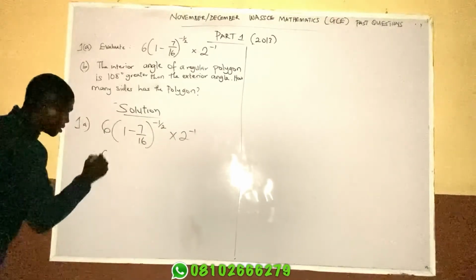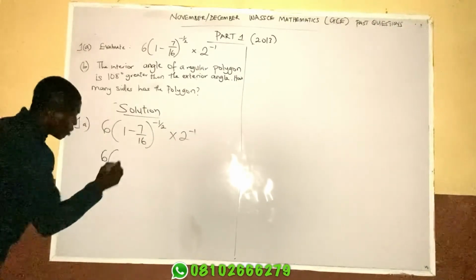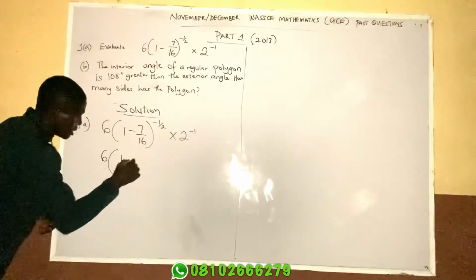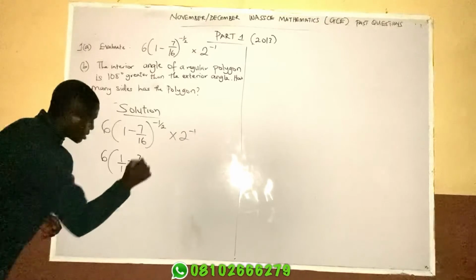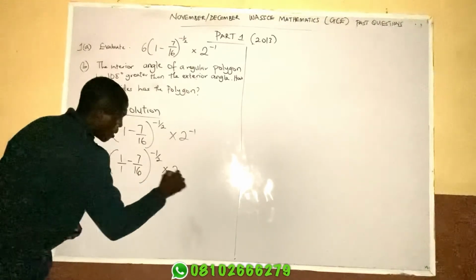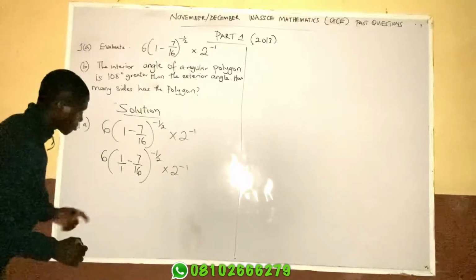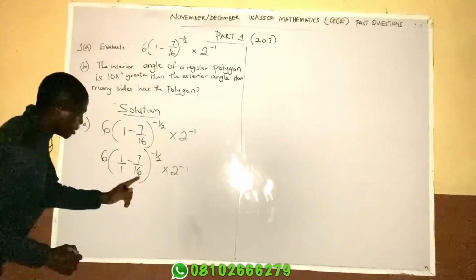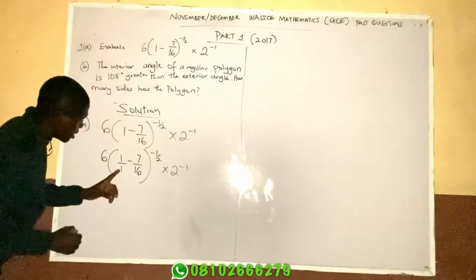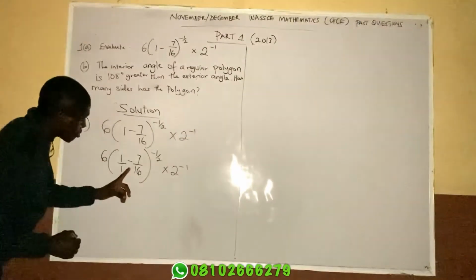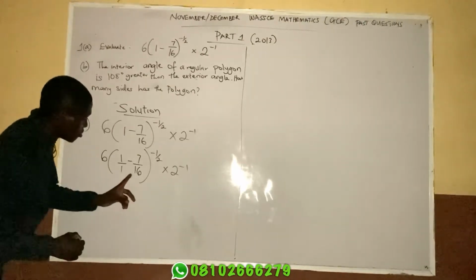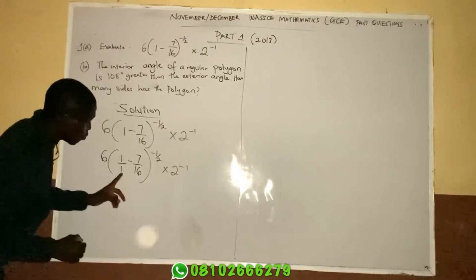So how do we go about it? 6 into bracket 1 over 1 minus 7 over 16, bracket close, raised to power minus half, times 2 raised to power minus 1. Now we find the LCM. To find the LCM, you check the common multiple between 1 and 16.